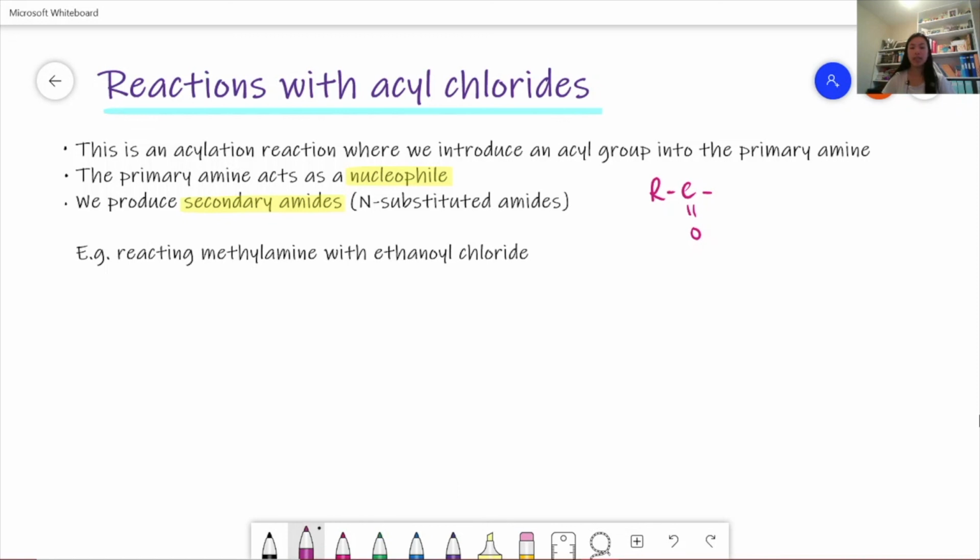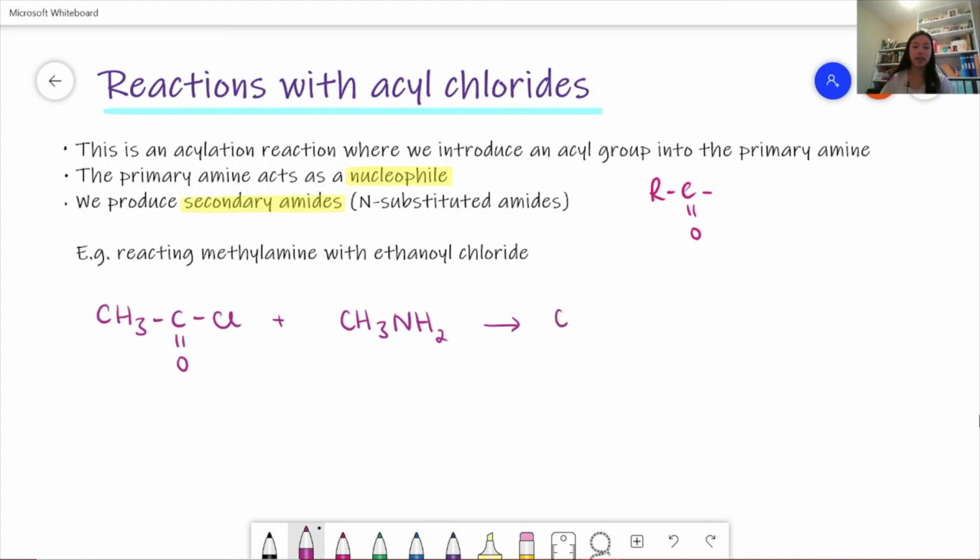So what happens is that we have the ethanoyl chloride, which has the formula CH3, C double bond O, and then Cl. And when we react this with methylamine, which has the formula CH3NH2, we can form N-methyl ethanamide.